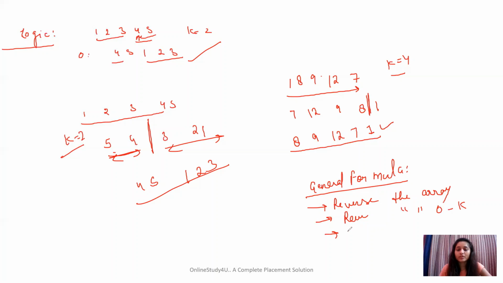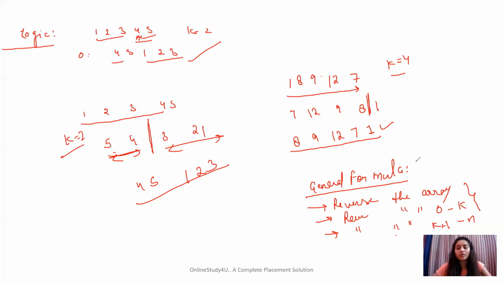Then in the next step, reverse the array from k plus 1 to n. This was the result, right? This was all the things which we were doing. So I hope this is pretty much simple and you got it.